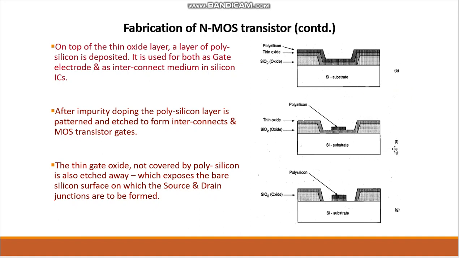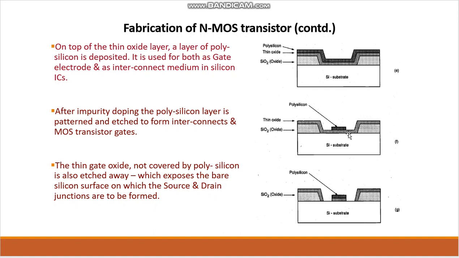And finally, in figure F, we can see that after impurity doping, the polysilicon layer is patterned and then also selectively etched. Same process. Why it has to be selectively etched is because the gate electrode cannot be directly connected to the channel, so the gate electrode needs to be insulated. So only the portion on the channel window needs to remain as it is.